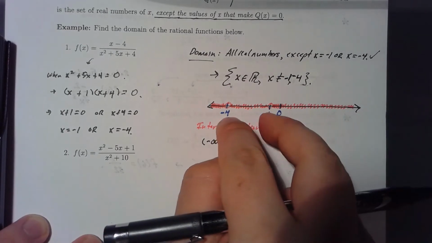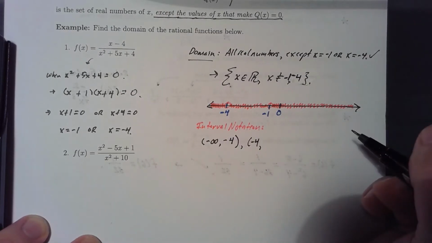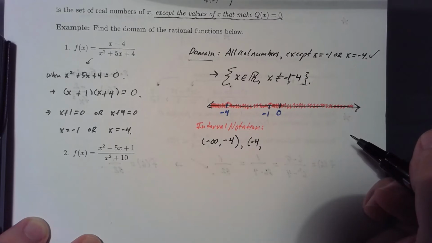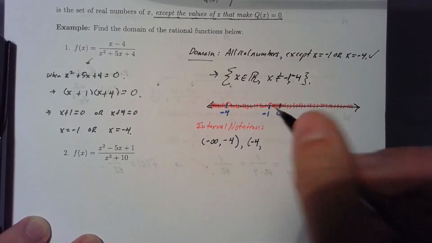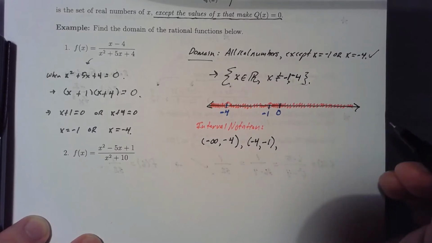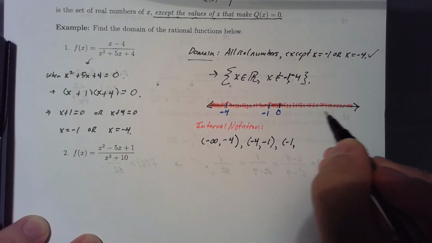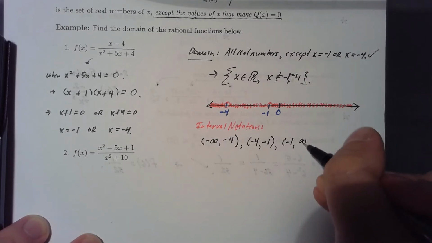This interval is from negative 4, which is open because it's not part of the domain, all the way out to negative 1, which is also open, and then from negative 1, which is open, all the way out to positive infinity.